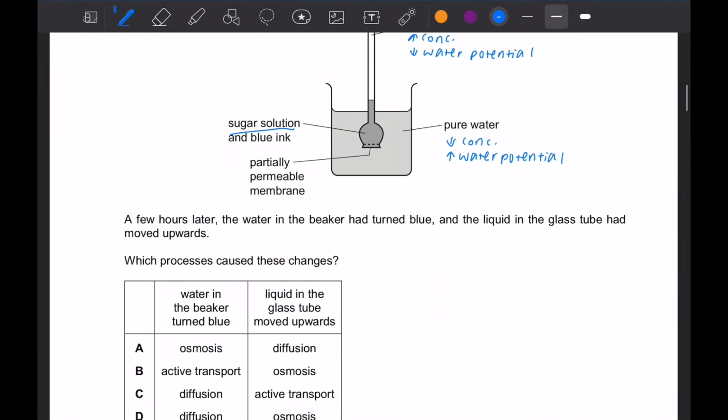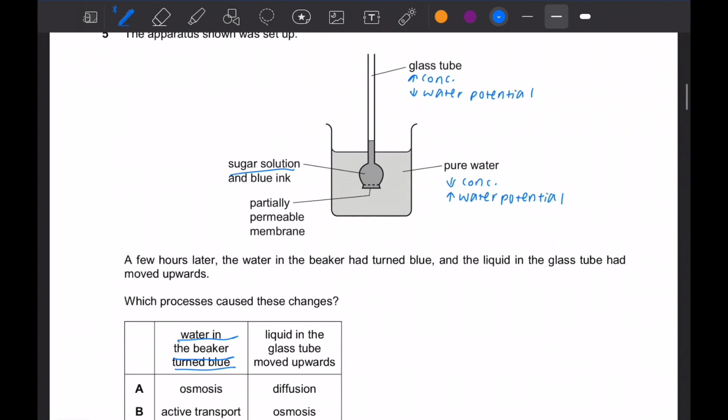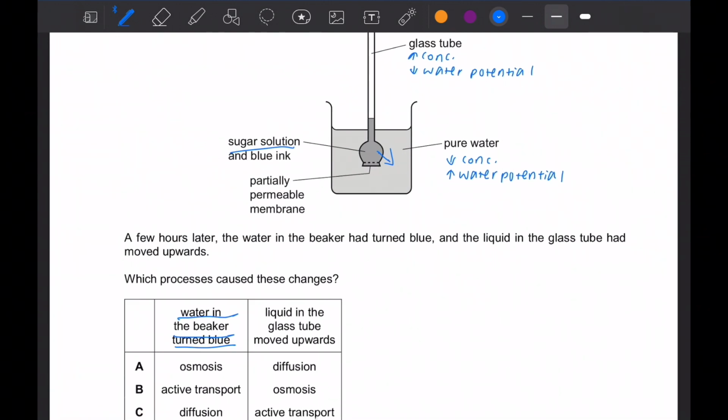So what caused the water in the beaker to turn blue? Most likely the blue substance from the glass tube went into the beaker, so it moved from a region of higher concentration to a region of lower concentration, which is diffusion. So A and B couldn't be the answer.